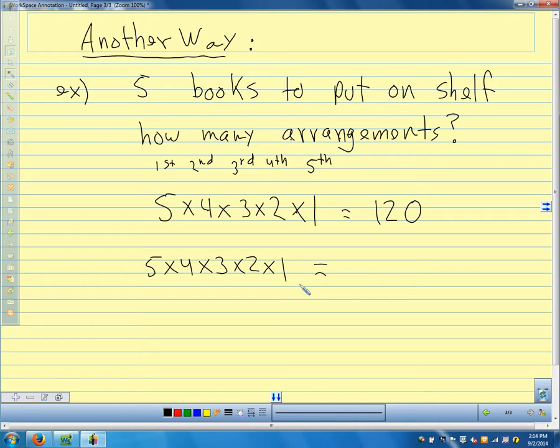Does anybody remember what the symbol is? You might have seen it before. This is 5, and we put an exclamation point. And we pronounce this 5 factorial. So factorial just means take the number and multiply it by every number smaller than itself.